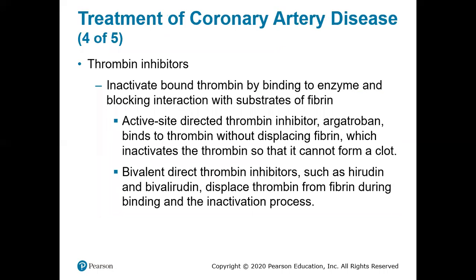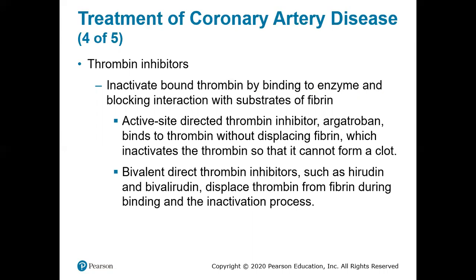Thrombin inhibitors are on page 484 in the textbook. These inactivate bound thrombin by binding to the enzyme and blocking interaction with substrates of fibrin. Active site directed thrombin inhibitor argatroban binds to thrombin without displacing fibrin, which inactivates the thrombin so that it cannot form a clot.